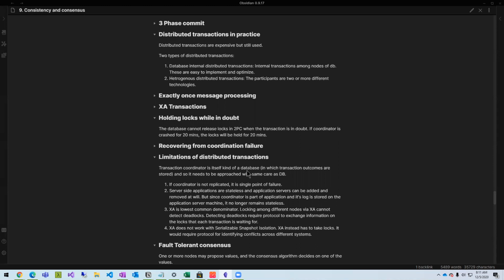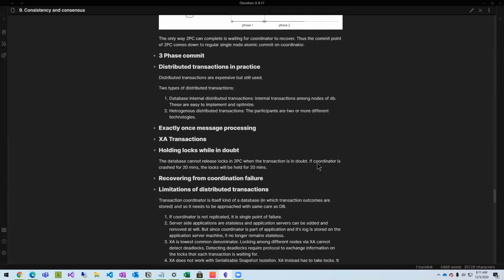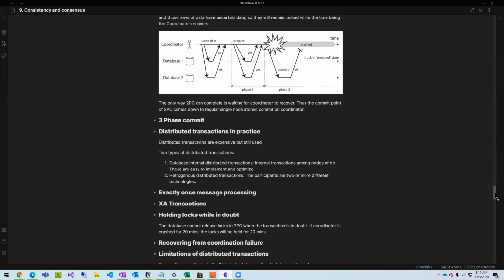And again, another thing is XA does not work with serializable snapshot isolation, because in serializable snapshot isolation we have to detect a conflict. It is a way of optimistic concurrency control, so you have to detect a conflict. And now in this case, you have to detect conflicts among multiple nodes, which is again a problem.